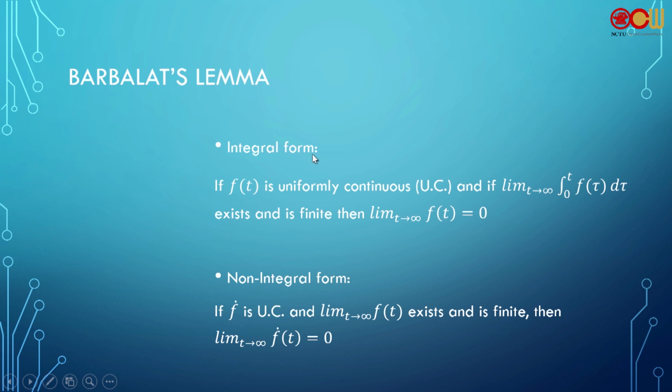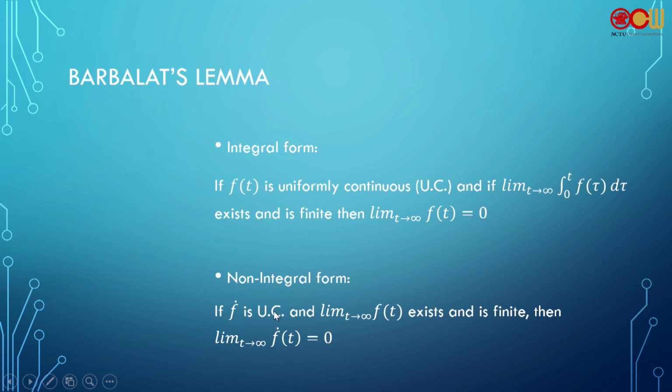Barbalat's lemma has two forms here. Basically, you can use either one, both are true. If f(t) is uniformly continuous and, as t goes to infinity, the limit of the integral of f(t) exists and is finite, then you can say f(t) will converge to zero as t goes to infinity.